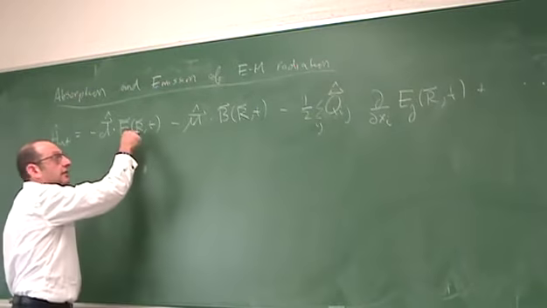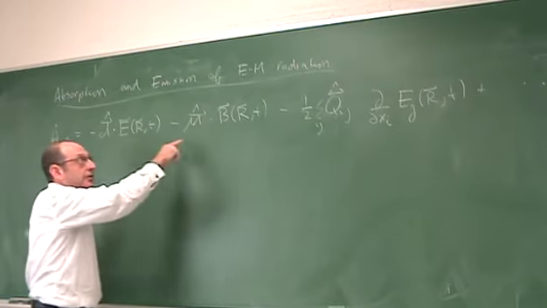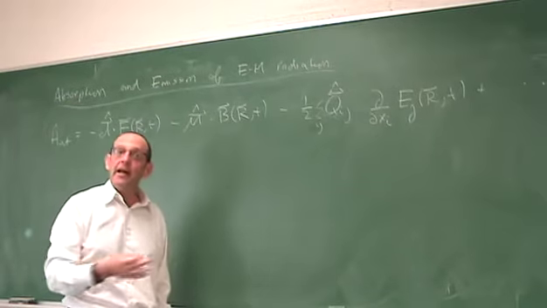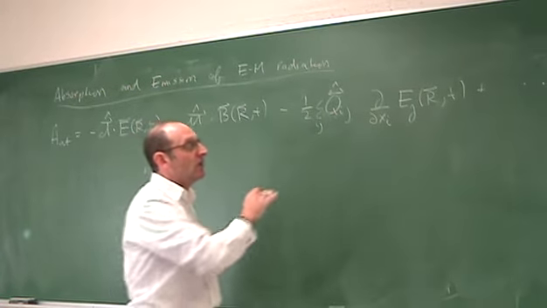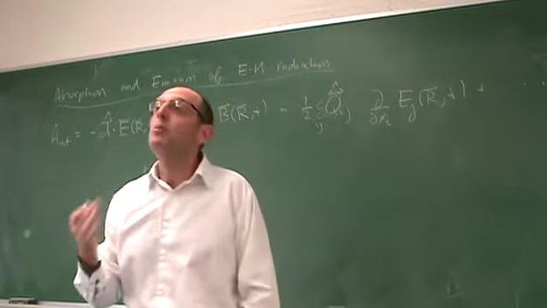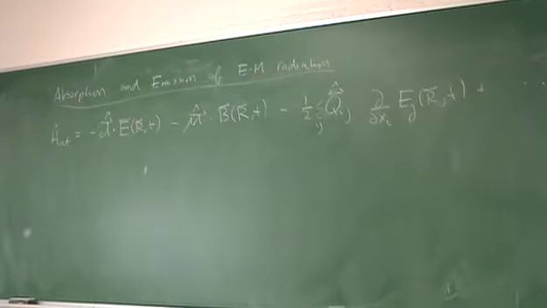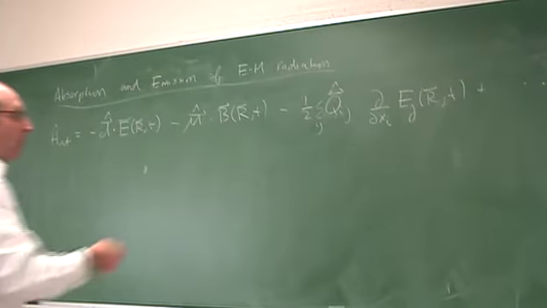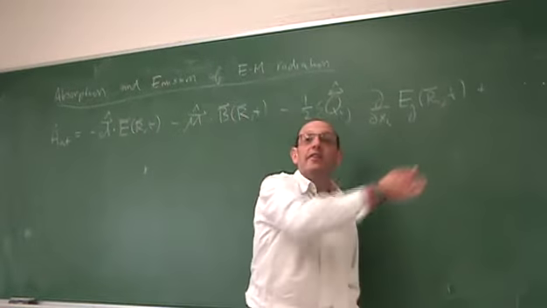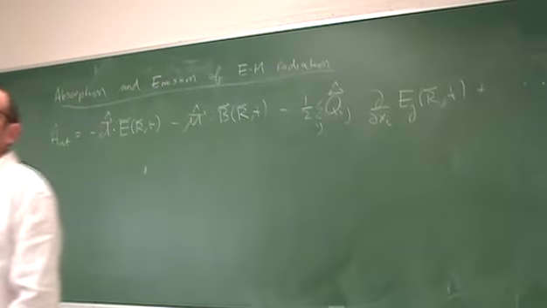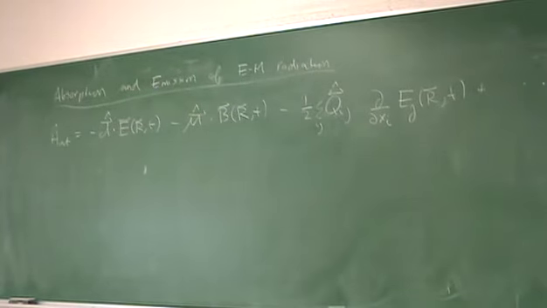That's what this is. And then we have an interaction of the magnetic dipole moment of the atom with the magnetic field, the quadrupole moment of the atom with something that has to do with the local gradients of the electric field at the position of the atom, etc.